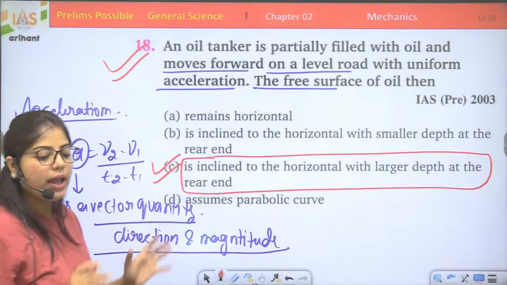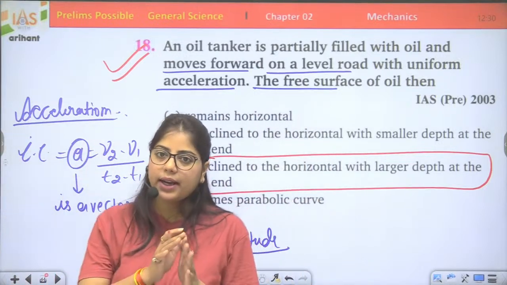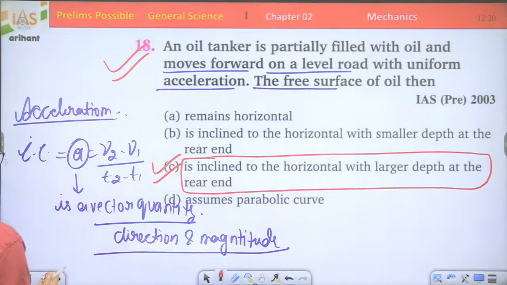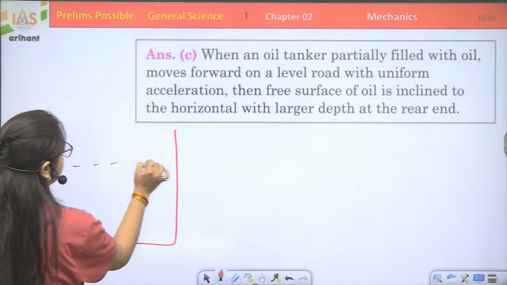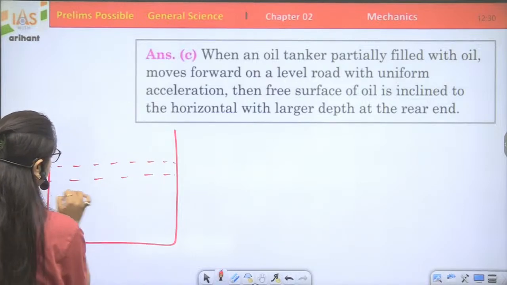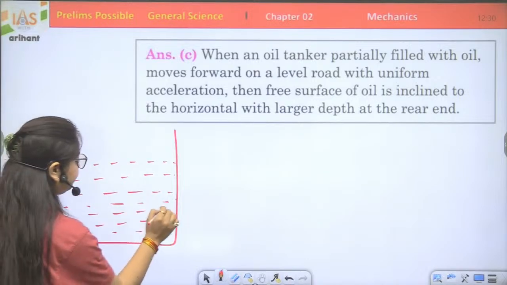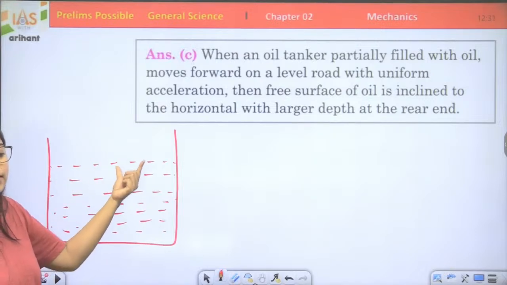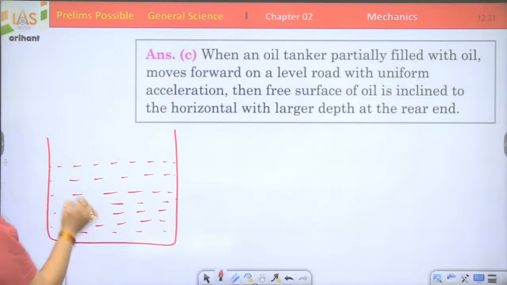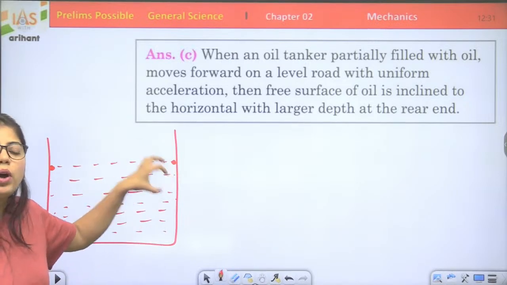Why? Because if a liquid is accelerated horizontally, like this tanker with any liquid, then two points in the same horizontal line cannot have equal pressure.